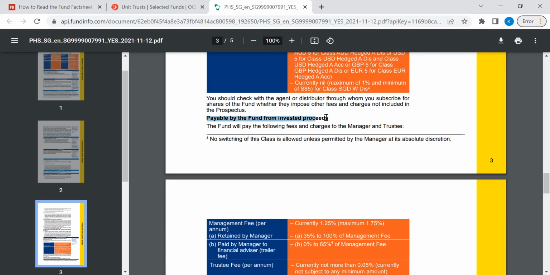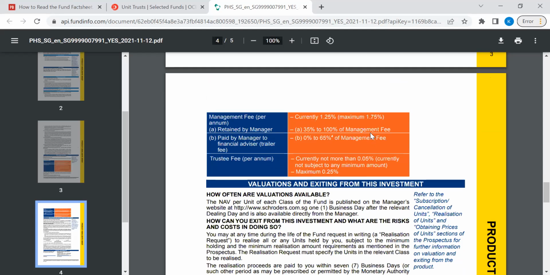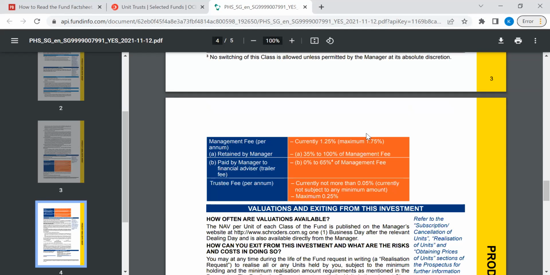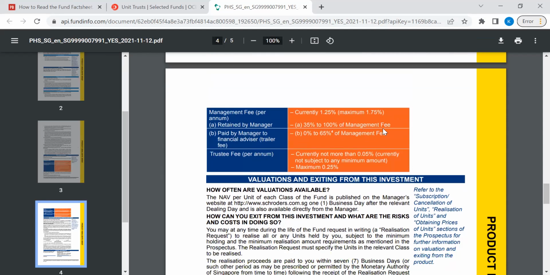Payable by the fund from invested proceeds. The fund will pay the following fees and charges to the manager and trustee. Management fee, 1.25%. This fee is paid annually. We actually covered this point already. The management fee is used to pay the operating expenses of the fund as well as the marketing expenses of the fund.